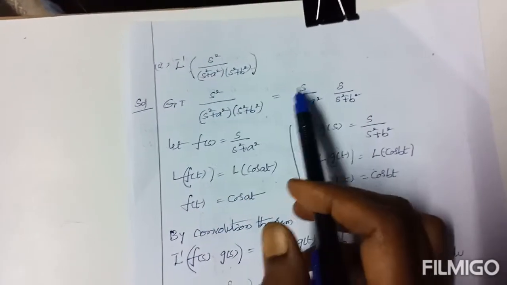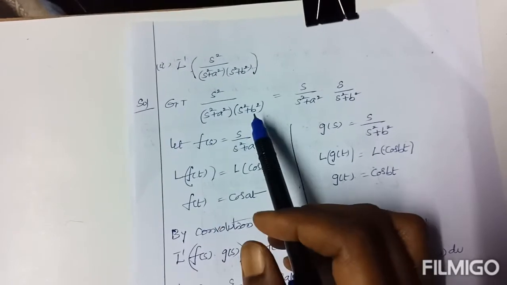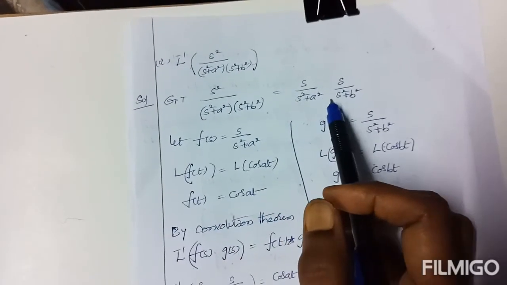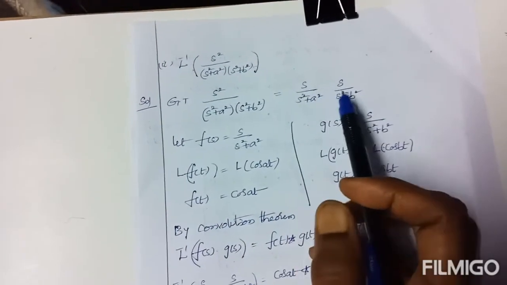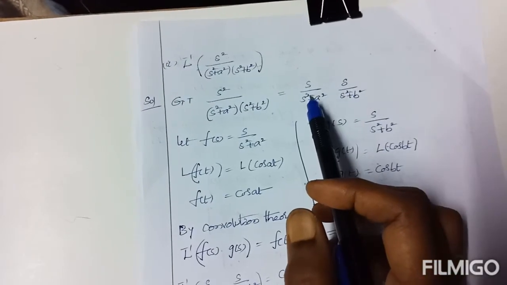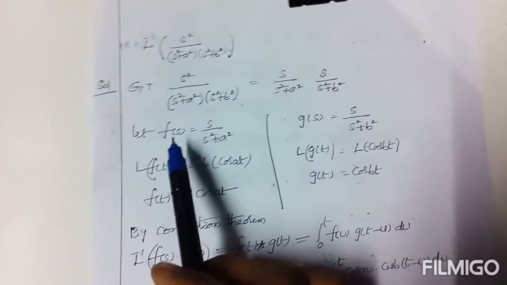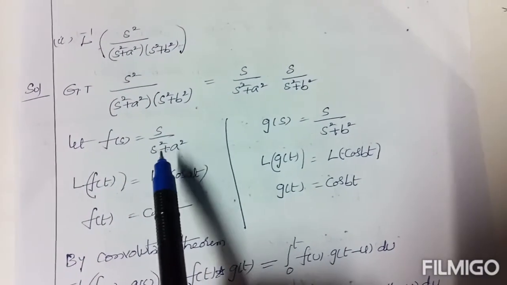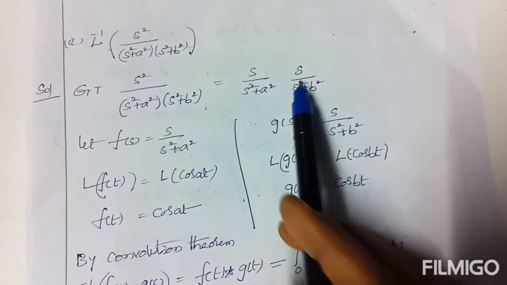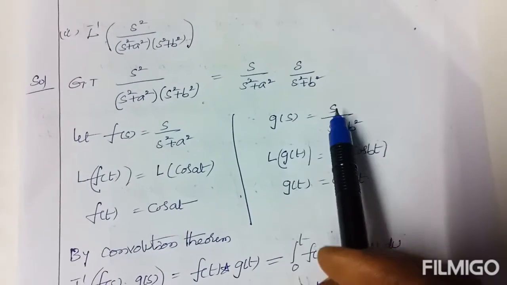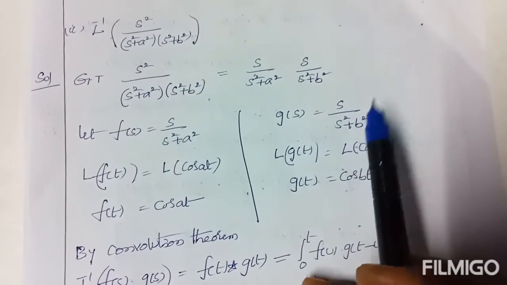S square is s into s. The denominator can be written as (s square plus a square) into (s square plus b square). There are two functions in terms of s. So out of two, the first function can be taken as f of s equal to s by s square plus a square. The second function is g of s equal to s by s square plus b square.